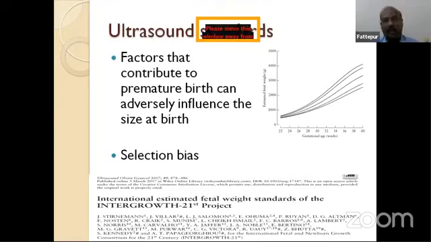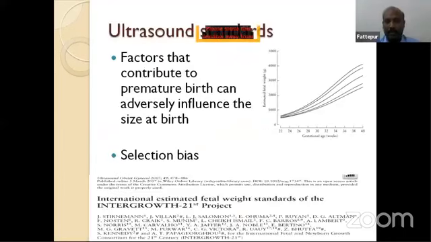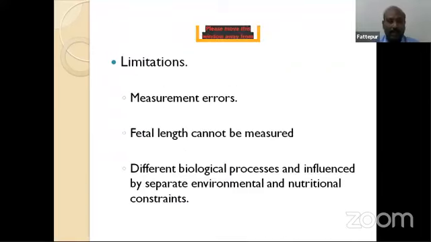Because while the pregnancy is continuing, we can take ultrasound measurements, so that would be the ideal thing. Factors that contribute to premature birth can adversely influence the size at birth, but the only problem is selection bias, because they thought the babies which are born have affected weight, so they are not the ideal ones. But this also has limitations.